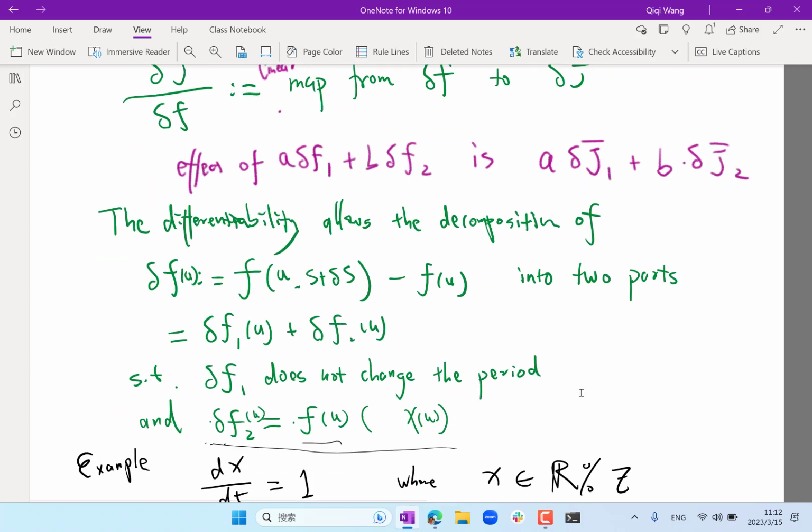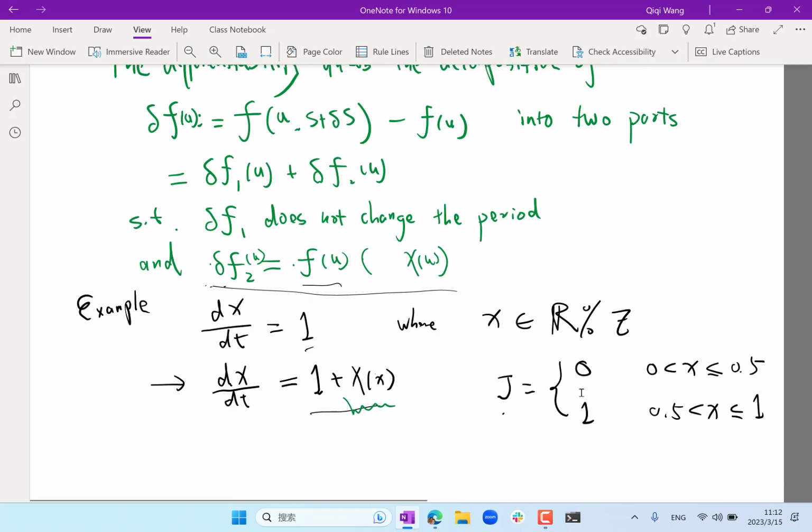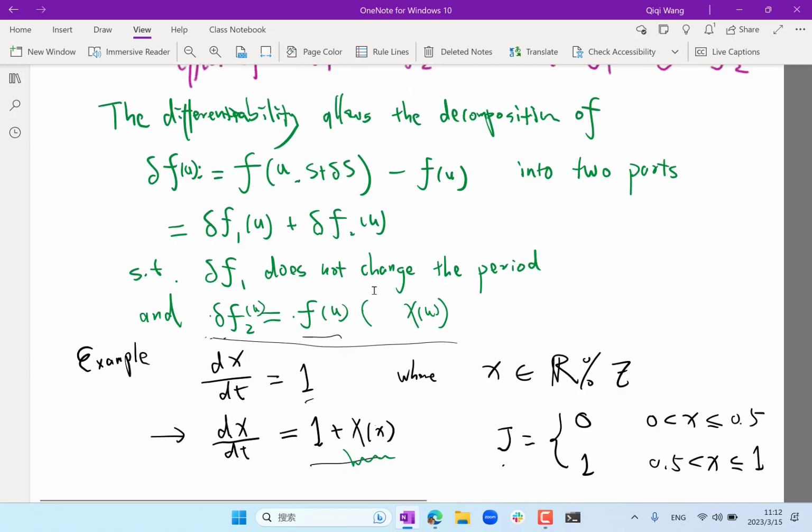And what are these two delta f's? The first delta f would only change the location of the limit cycle, but not the attractor, and the second delta f does not change the location of the attractor, but only changes the period.